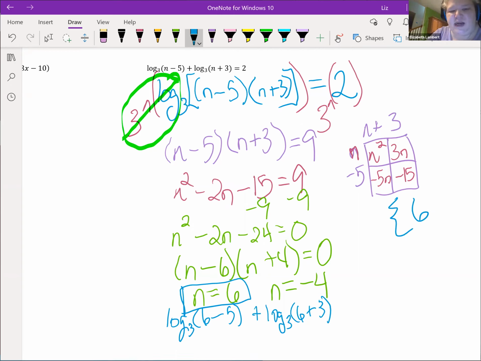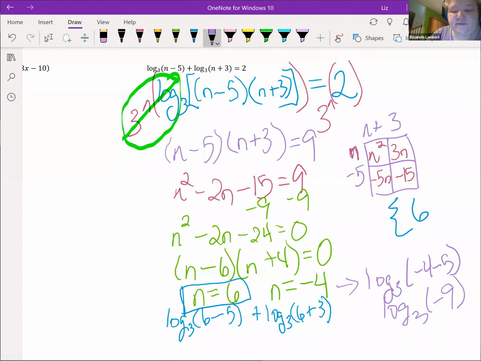Now we just got to check the negative 4. So use a different color. So we would have log base 3 of negative 4 minus 5. So log base 3 of negative 9.